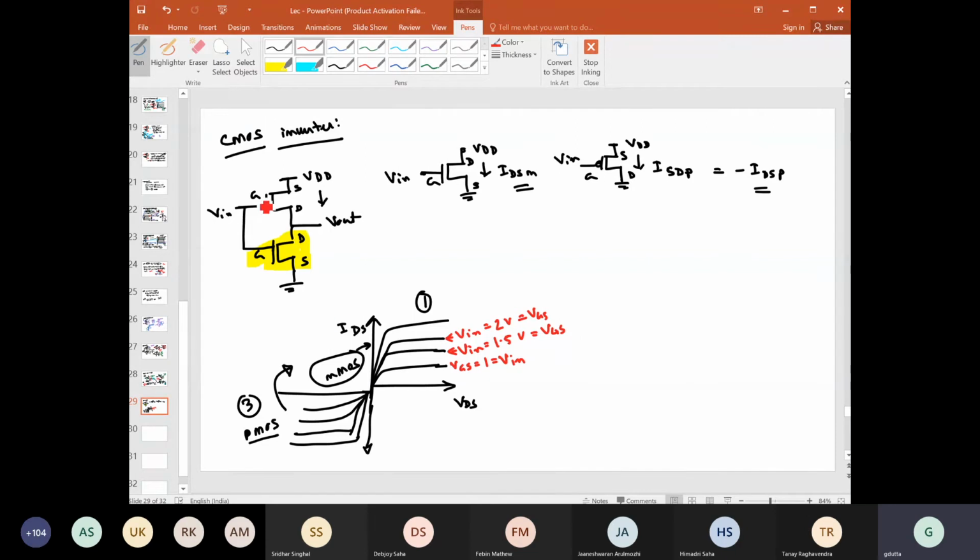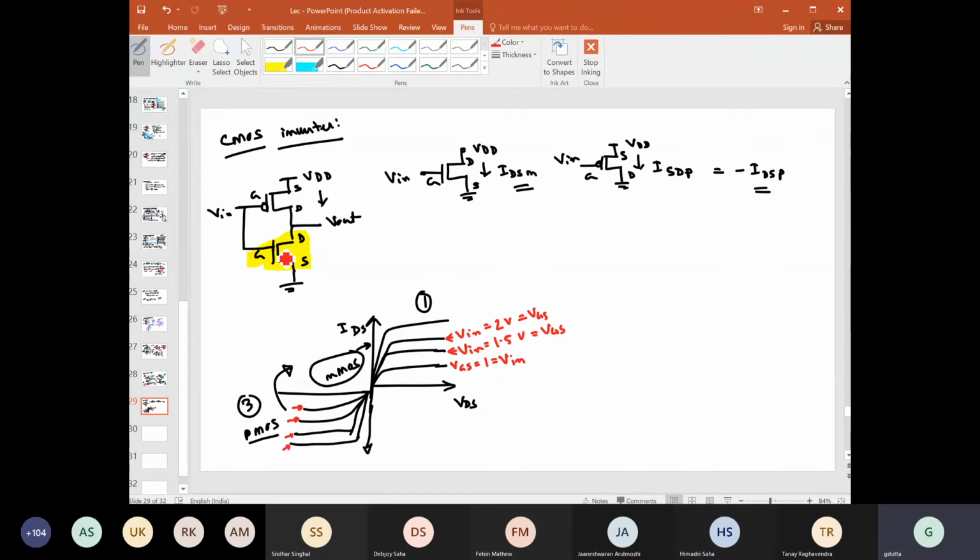Fine. But here V in is equal to VGS. But what is this voltage for this PMOS? Can you tell me? See, you have plotted it like this. By the way, what is the threshold voltage for PMOS?